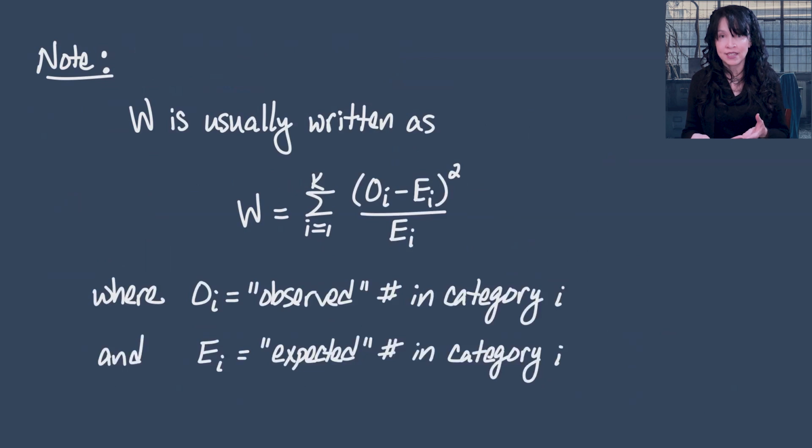So you'll often see this. This is exactly what we just did with O sub i for observation in place of X sub i, and this expected number in the ith category in place of the actual expected number, which is n times p sub i. So this thing is approximately chi-squared distributed with k minus 1 degrees of freedom, as long as the expected number in each of the k categories is large enough, is at least 5.